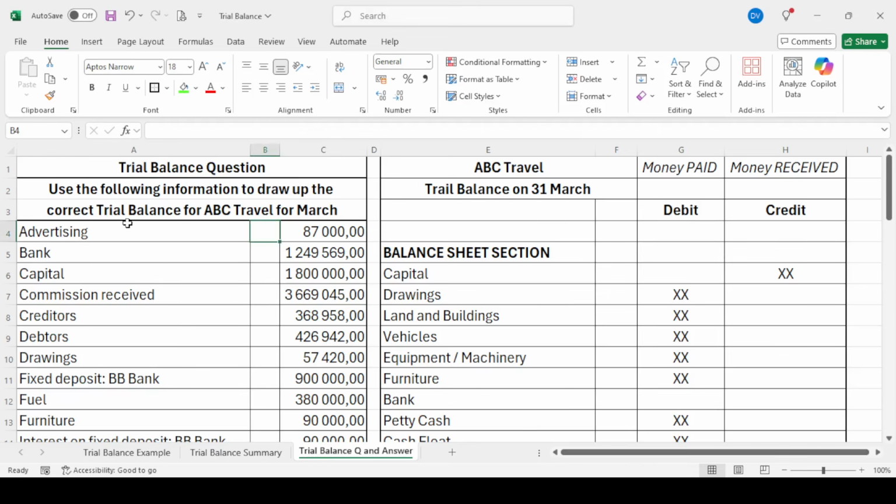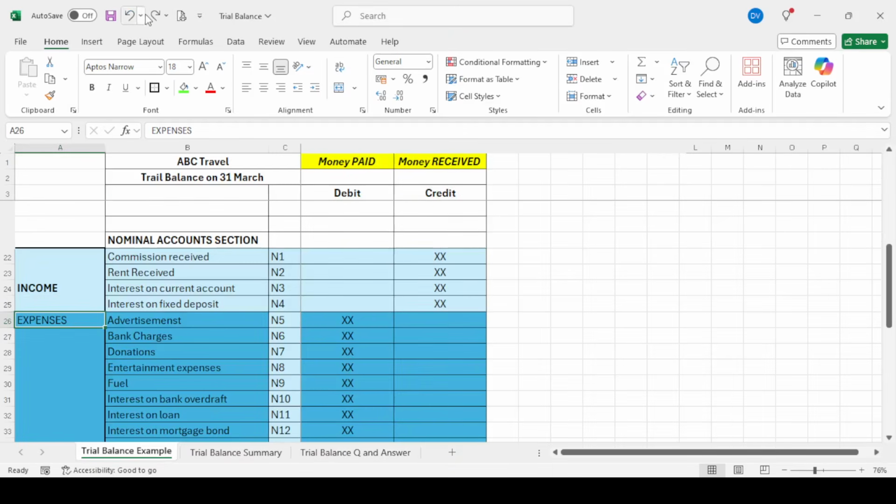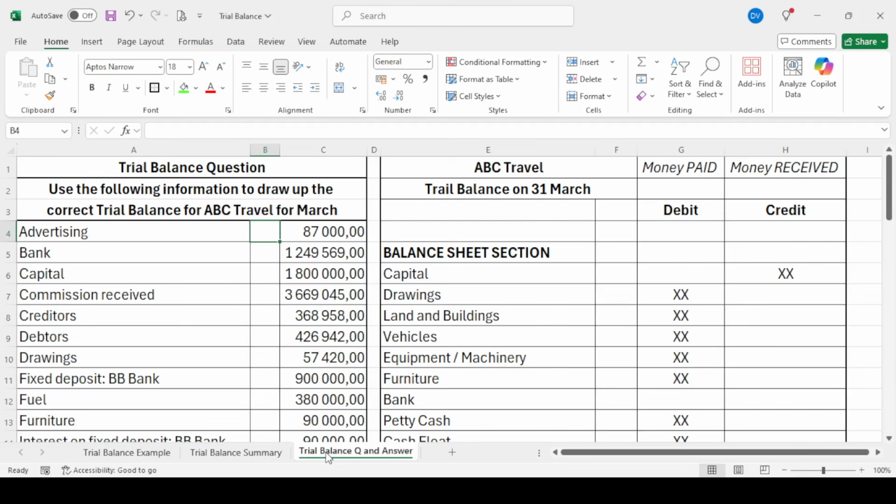So the first one we have is advertising. Apologies, my mouse just skipped the screen. Advertising. Now, advertising is what? It is an expense. It means it will be an N account. Okay, bank. We know that we're going to decide on which side bank has to go, but it will belong under the balance sheet section.